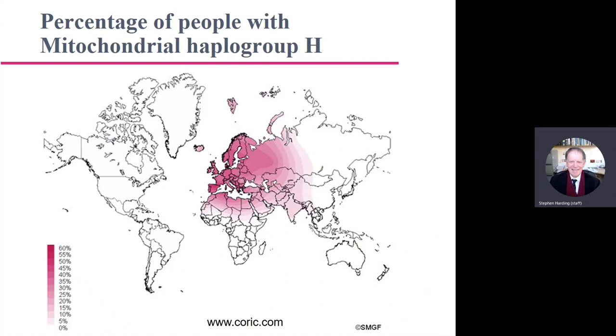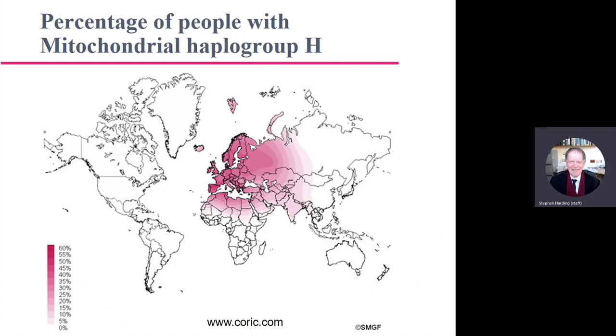Now, in terms of the mitochondrial haplogroup, this unfortunately is not so resolving because the size of the mitochondrial genome is much smaller. That means the variation is a lot less. So haplogroup H, you can see, is quite widespread throughout Western Europe.